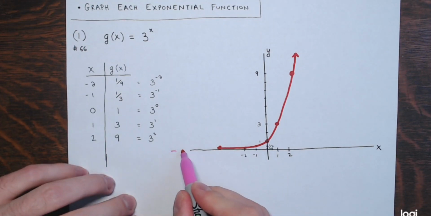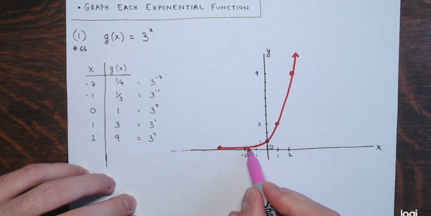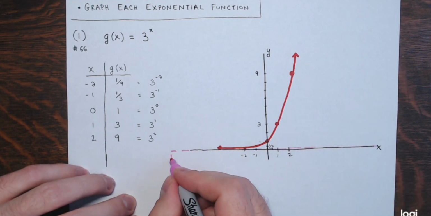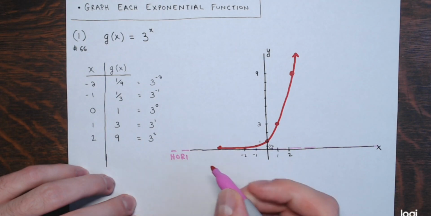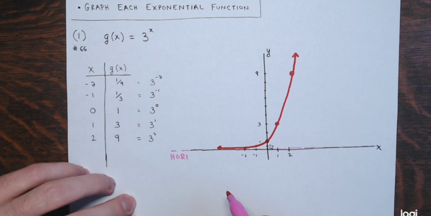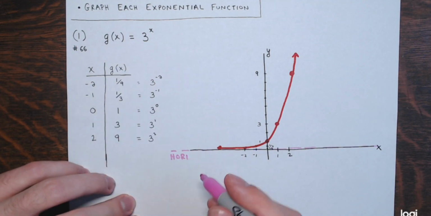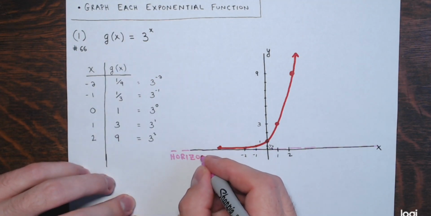You may have heard that word before. Do a little dotted line on the x-axis here. This is a horizontal asymptote, and every single one of these exponential functions is going to have some horizontal asymptote.